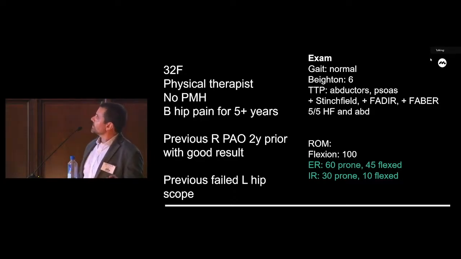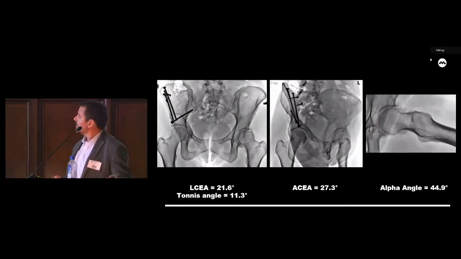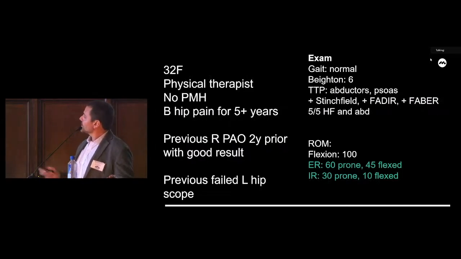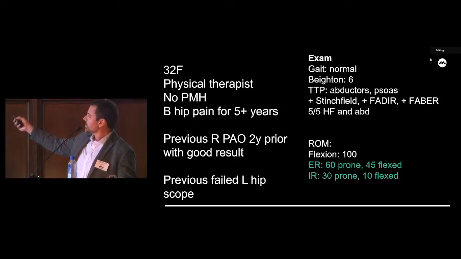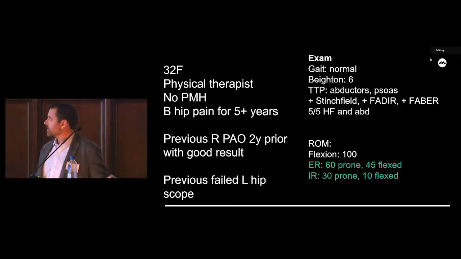Her gait examination is normal. She's also hypermobile with a Beighton index of 6. She has some tenderness globally around her hip girdle. Range of motion is down here at the bottom right. She has relatively limited internal rotation, 10 degrees well flexed.